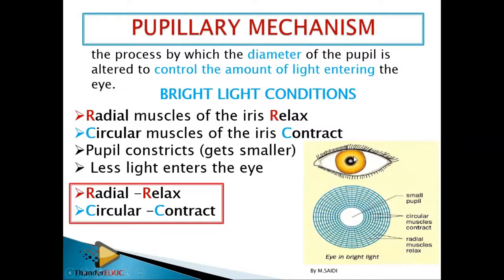The diameter of the pupil will decrease, and then less light will enter the eye. It's pushing this into the middle so that now this hole is small, and less light will be entering the eye. So that is R with R and C with C. You just need to know this. Radial muscles relax, circular muscles contract. The diameter of the pupil reduces and less light enters the eye. Simple. That is bright light.